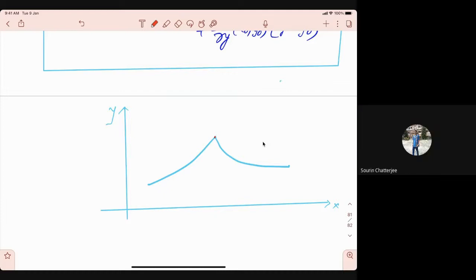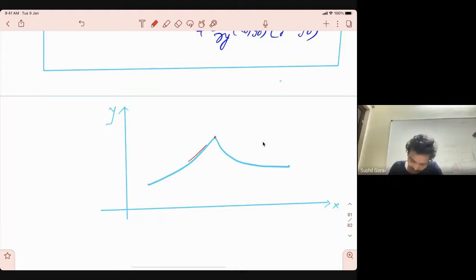Actually, it is not differentiable at this point. If we go from the left-hand side, there will be one kind of tangent, and the tangent will change if we arrive at this point from the right-hand side. So you get this tangent, this is also a tangent, and this is also a tangent, right? Yes, both of them.